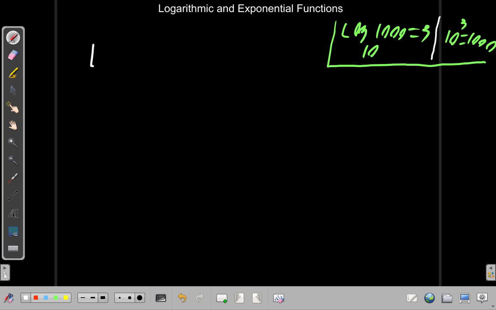Suppose you have a base, call the base x. The logarithm of 625, and the answer is 4.